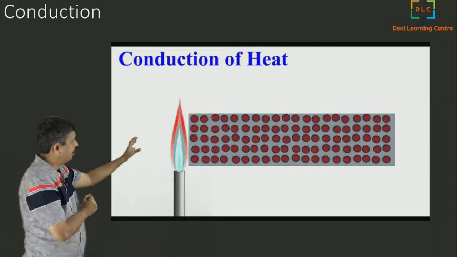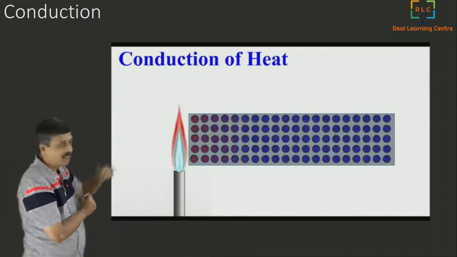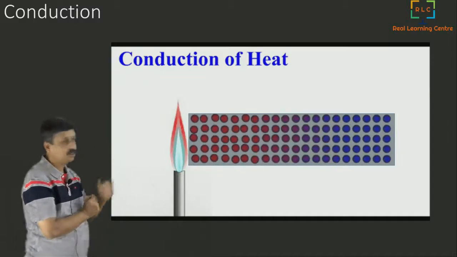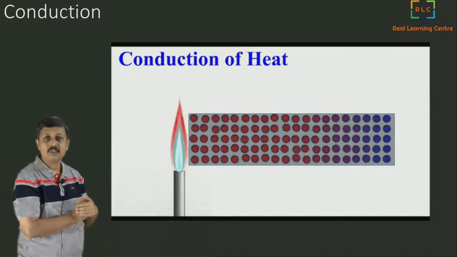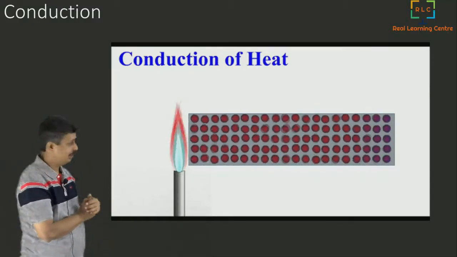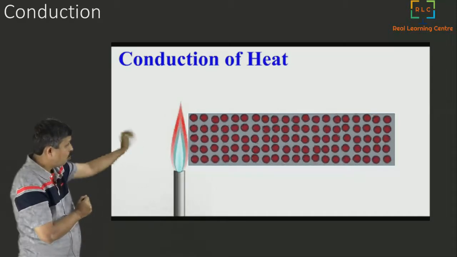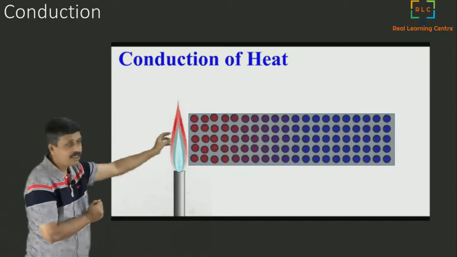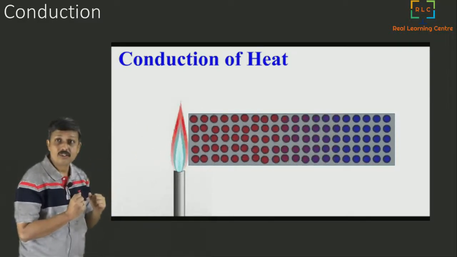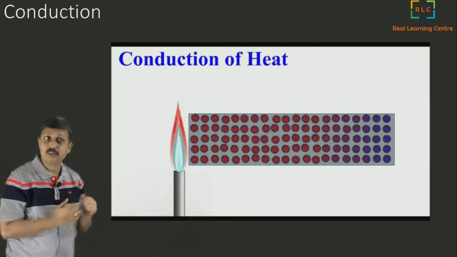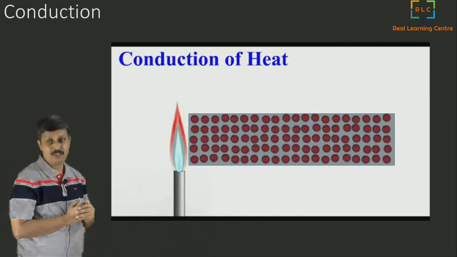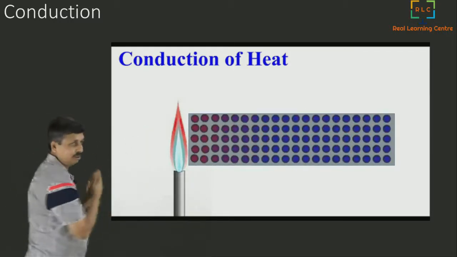They are jiggling, and the moment you put some fire by the side of it, the heat energy gets transferred to those molecules or the atoms, as the case may be, and they start jiggling more. When they start jiggling more, its neighboring atom also jiggles more, and its neighboring atom also jiggles more. So the jiggling continues till the other side, and that we call conduction.